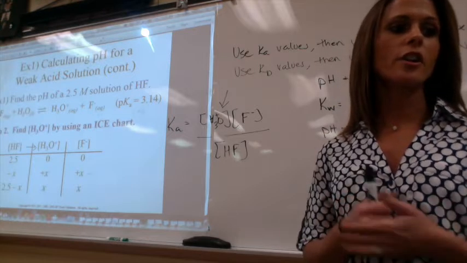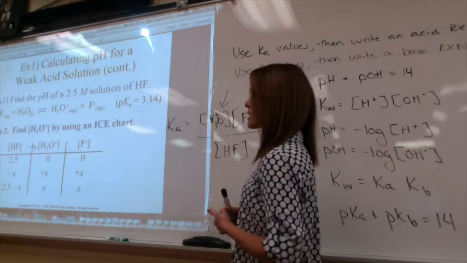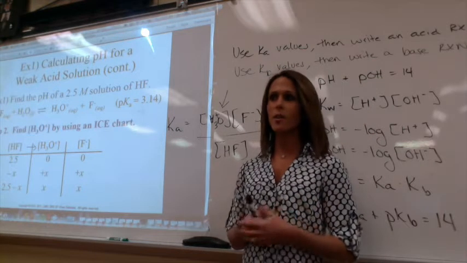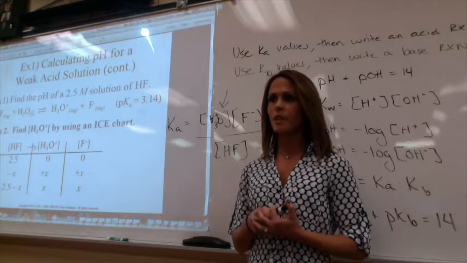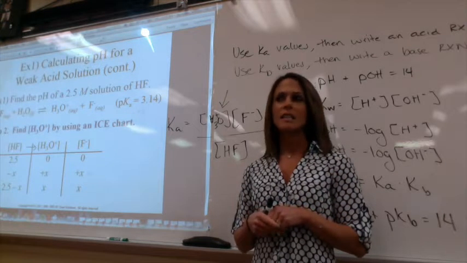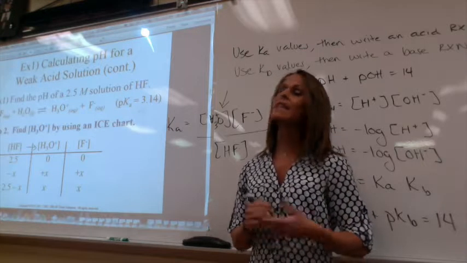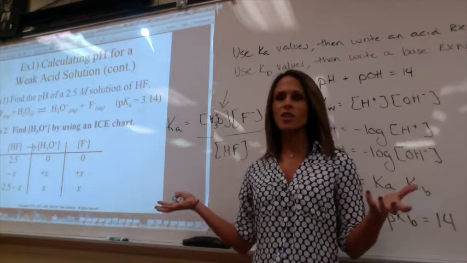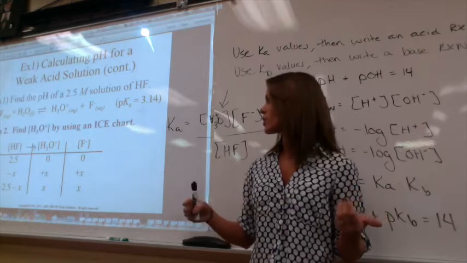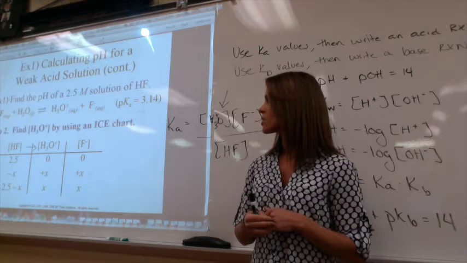Then we solve for our equilibrium, which is X times X over 2.5 minus X. You remember this whole thing about quadratic equations and how we'll never have to use them? So what do we assume that little minus X is? Negligible. This is such a weak dissociation that we're not really concerned about how much of it is going to convert or go away, so we're just going to eliminate it.